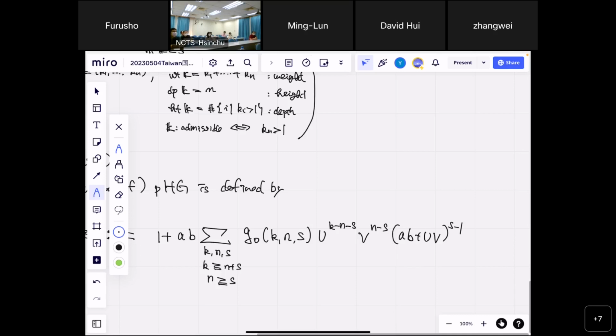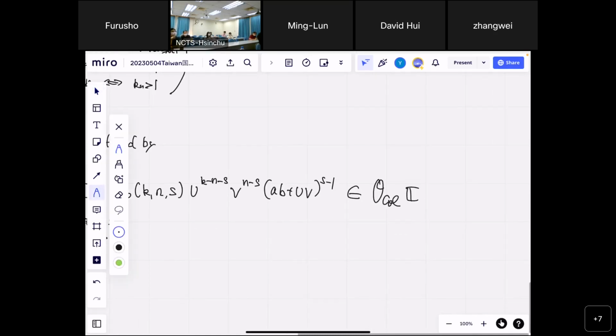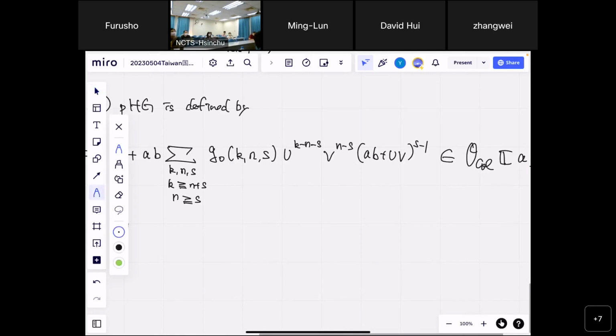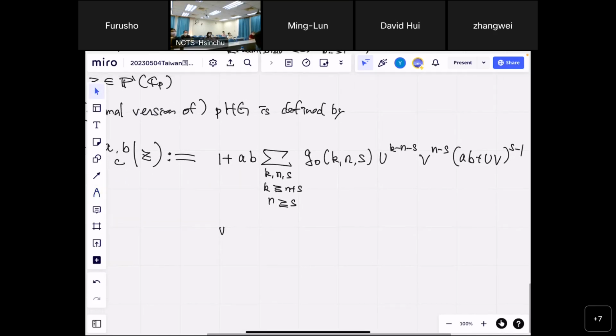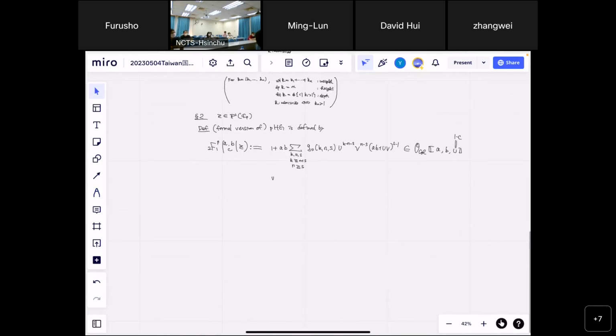E plus B and what is a Coulomb function, I have to explain it more. This is a normal C, where this is my definition of the formal version of p-adic hypergeometric functions.